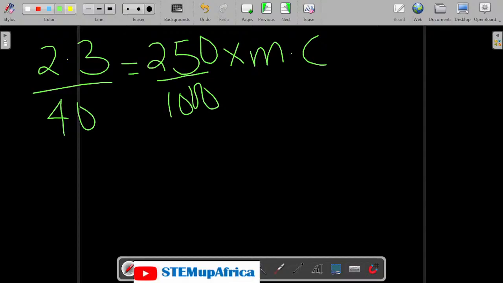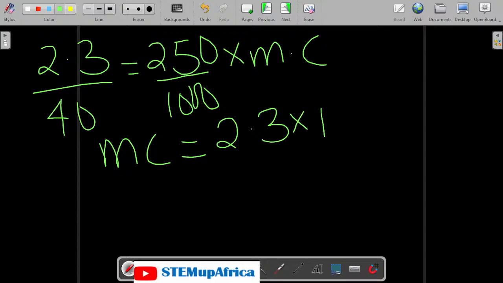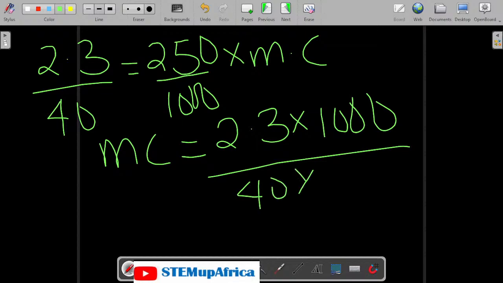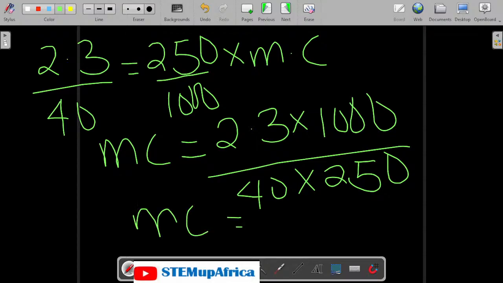If I make the molar concentration the subject of the formula, my molar concentration will be 2.3 times 1000, achieved by simply cross multiplying 40 times 250. So my MC will be, multiplying and dividing, 0.92 mole per dm cube.